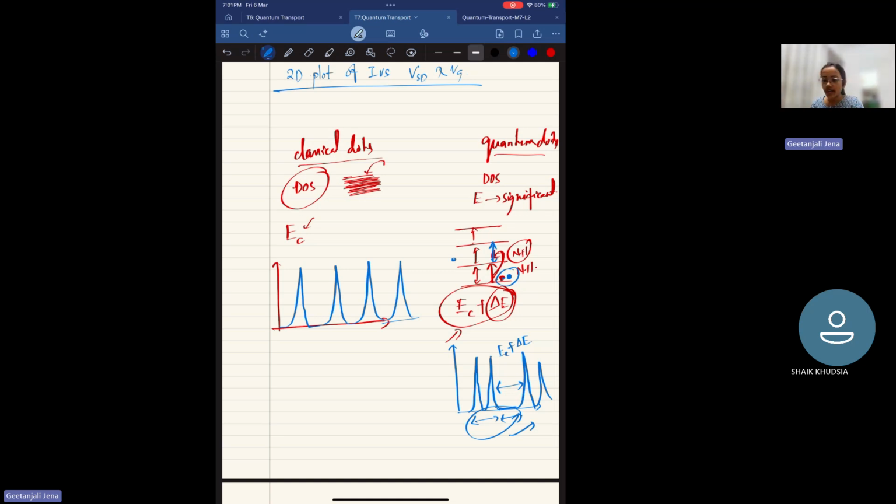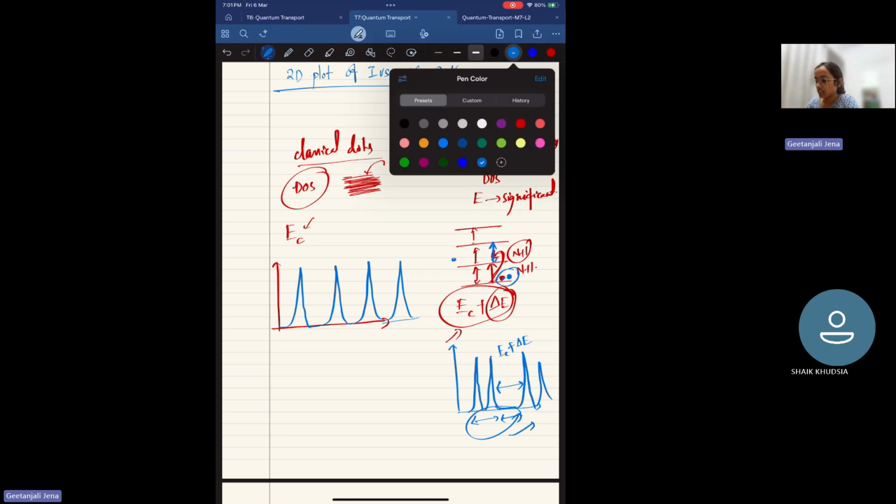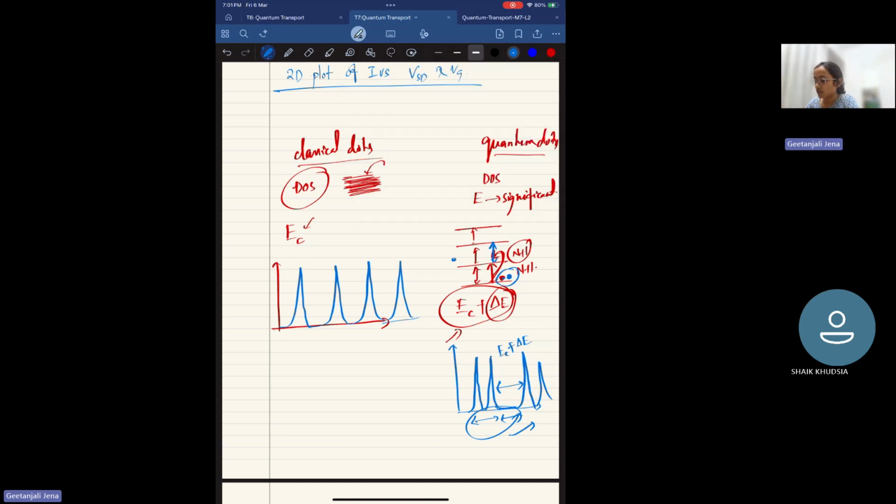We have also seen the energy levels of a quantum dot. If you recall the atomic configuration for any atom like silicon or sodium, the electronic configuration is 1s2, 2s2, 2p6, 3s2, 3p6.